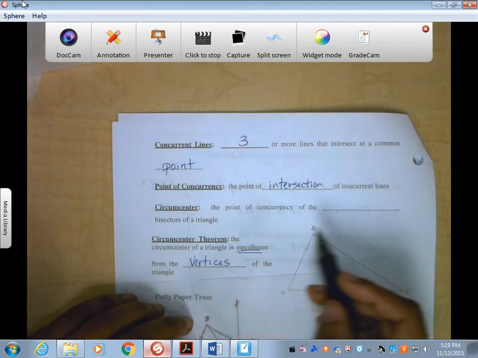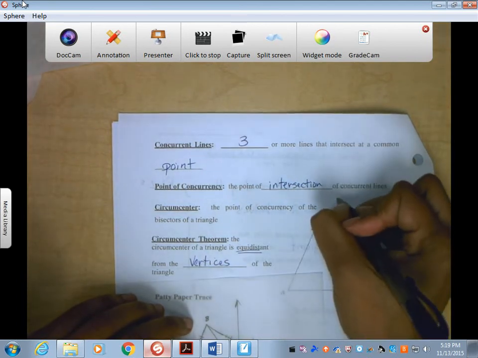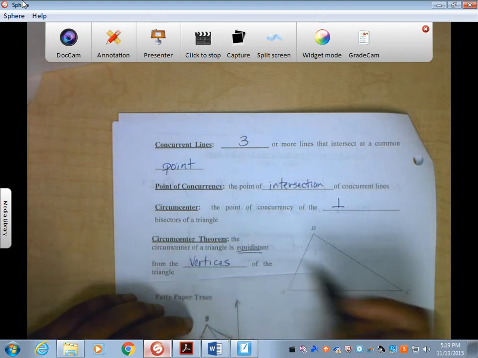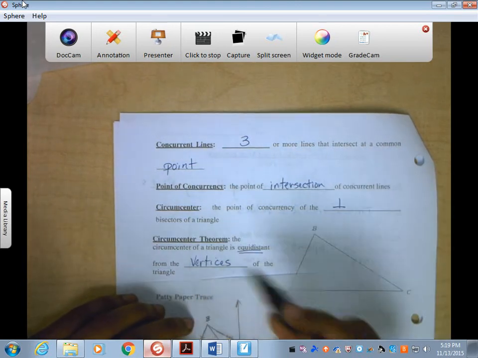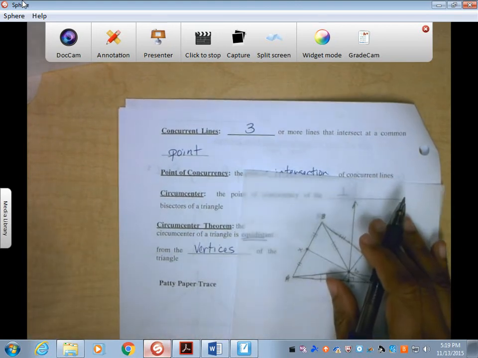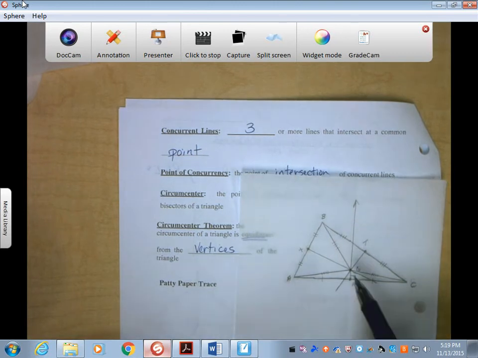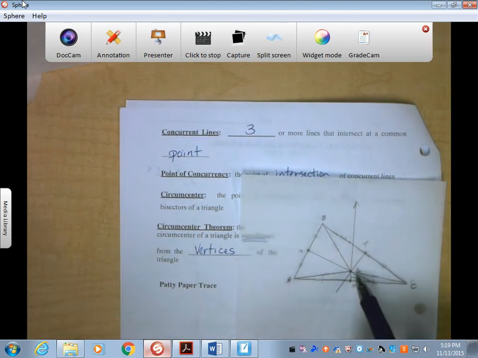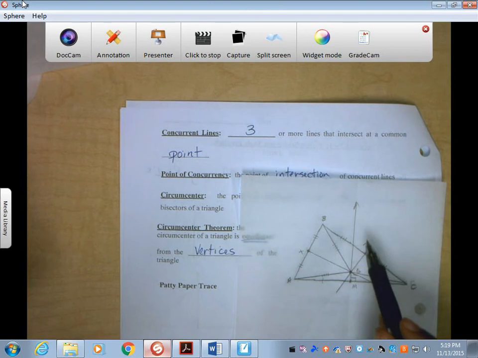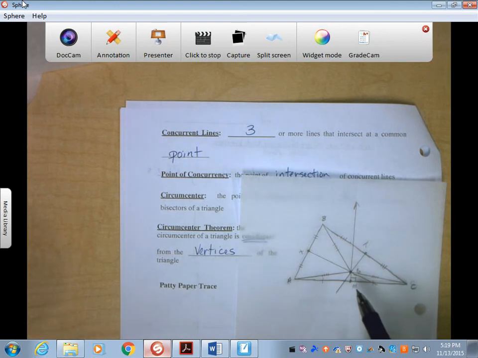Now, the circumcenter is the point of concurrency of the perpendicular bisectors of a triangle. So basically what I've drawn here is the circumcenter at G, the point of concurrency for the intersection of the three lines. And we're showing the circumcenter theorem that we related to the theorem about points on a perpendicular bisector.